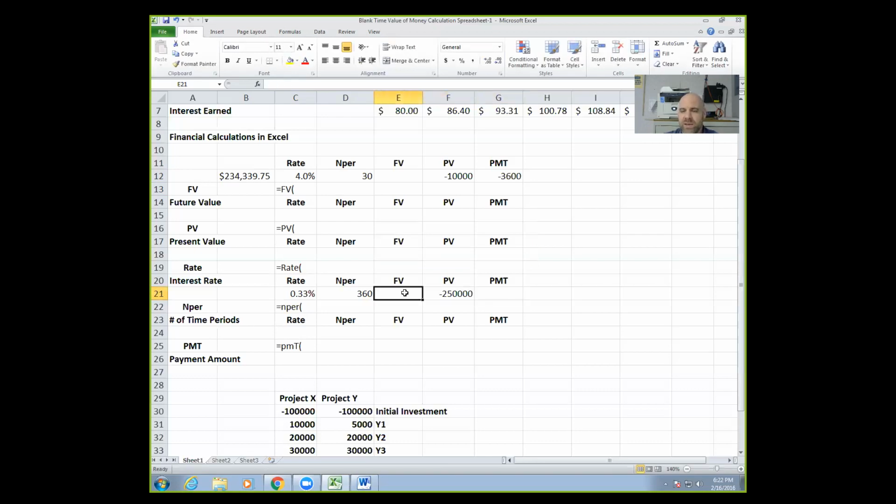The future value of the loan will be zero, right? In 30 years, if we made our payments every year for 30 years, the balance of the loan would be zero. So these values are the value of the loan, not the value of the house itself.